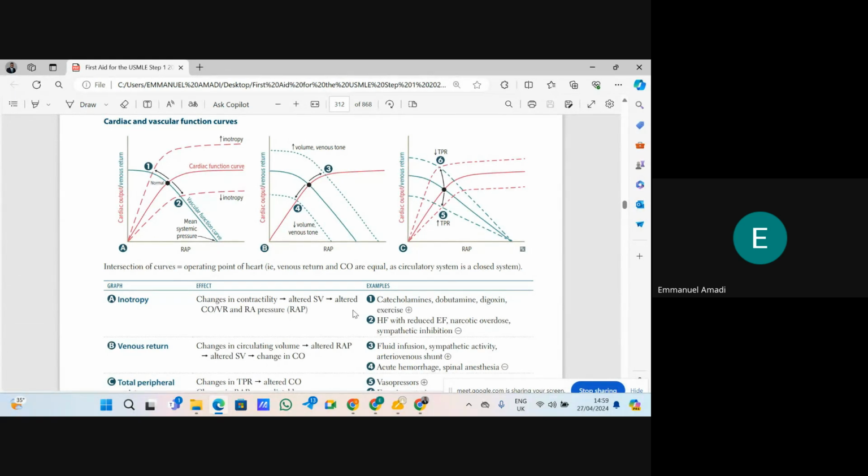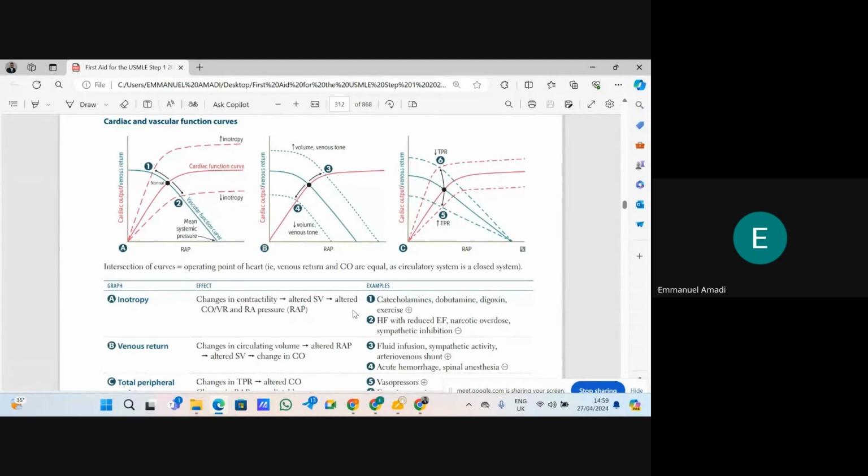Now, on the other hand, when you have blood loss like hemorrhage or dehydration, automatically you would also have reduction in the effective circulating volume. That will also reduce the venous return and the preload. Those are the things you can see in number 4 in B.